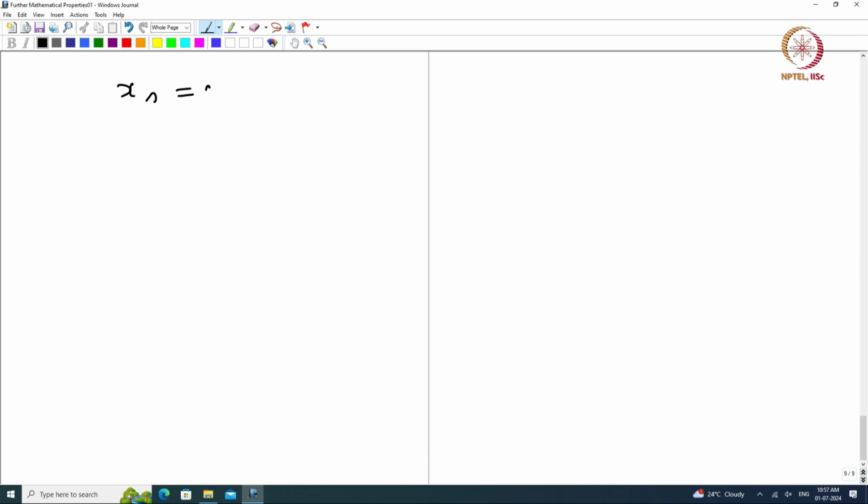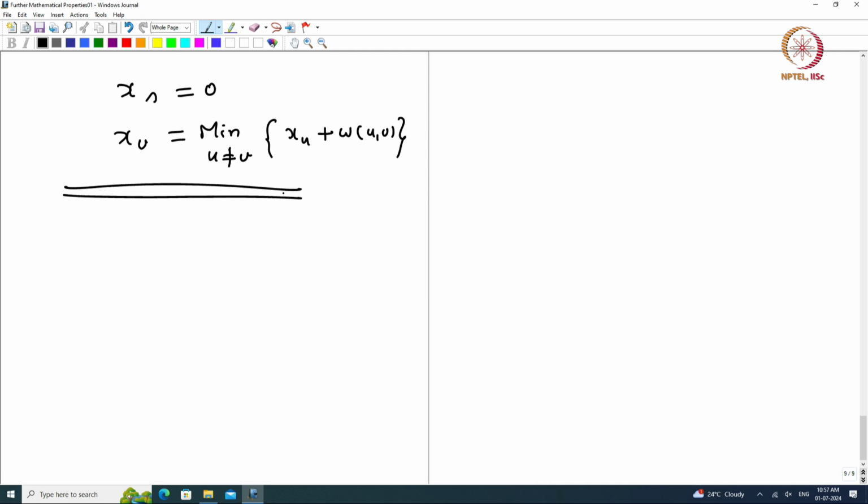X of S equal to 0, x of v equal to minimum over u not equal to v of x of u plus weight of uv. These equations, right, are the abstract form of Bellman's equations. So, this is called Bellman equations for n variables.